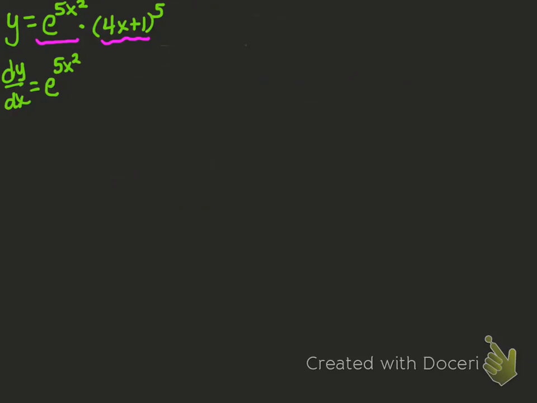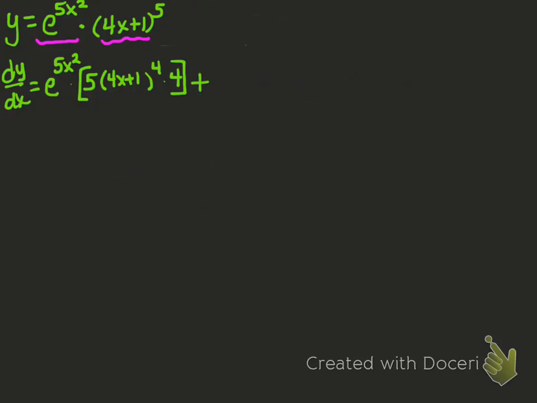So here's f times g prime, and g of course is two functions. I'm going to do that outside derivative first, which is the 5 times whatever to the 4th, and that whatever is still 4x plus 1, times the derivative of the inside function, which is the 4x plus 1. That derivative is 4. So that is my f times g prime.